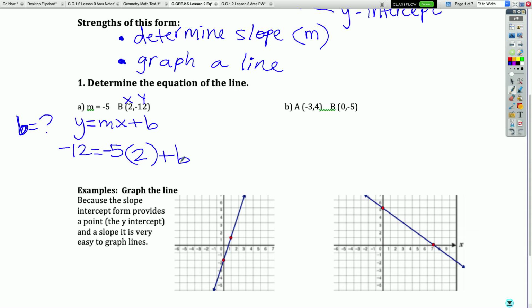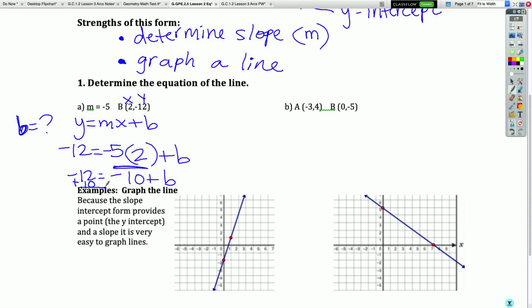So what do I do first here? Multiply, right? -5 times 2 gives me -10. And last step to get b by itself, add 10.